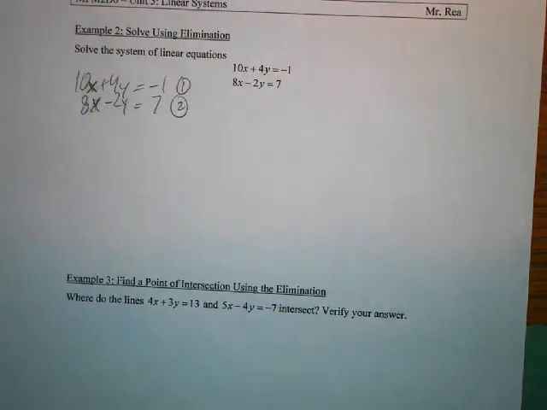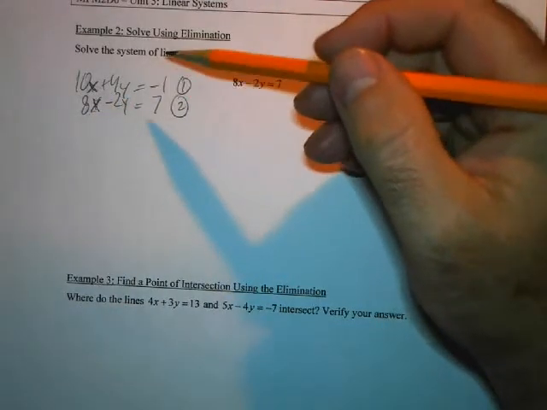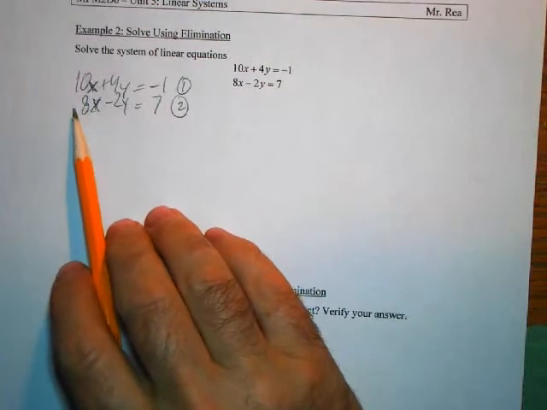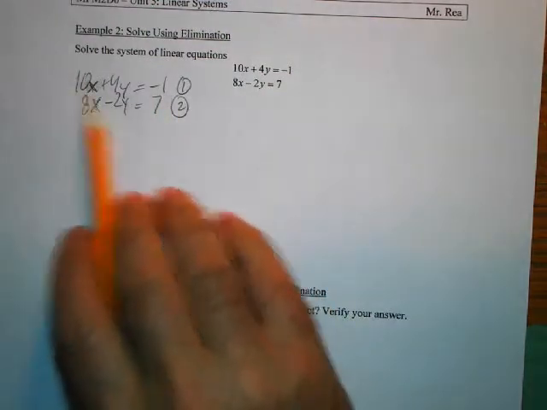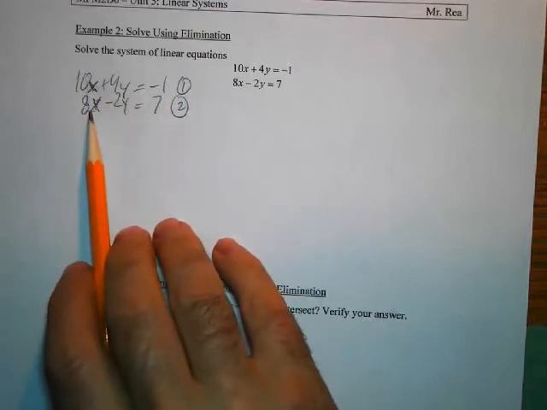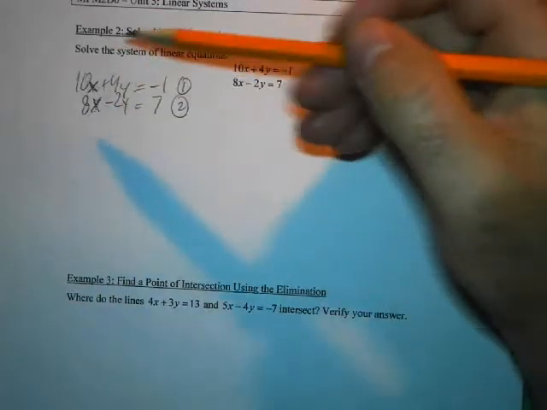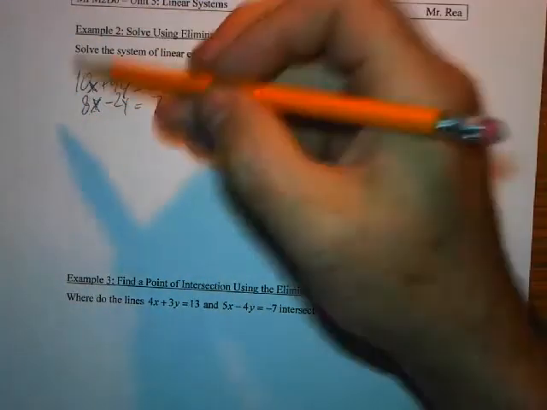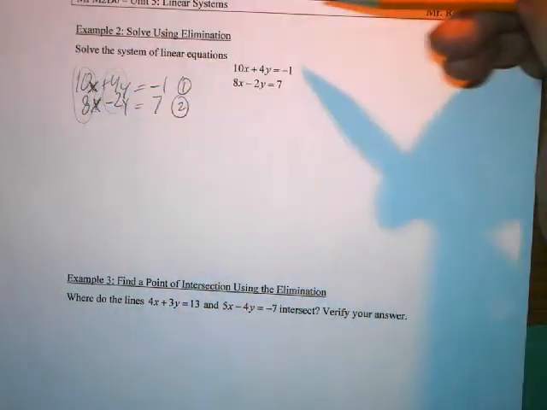So what do you do if that doesn't work? Well, you then ask yourself, can I multiply one of the equations, like I showed you at the beginning, so that then I can add or subtract the equations and get rid of the x or the y? So we're looking at the 10 and the 8 and the 4 and the -2.